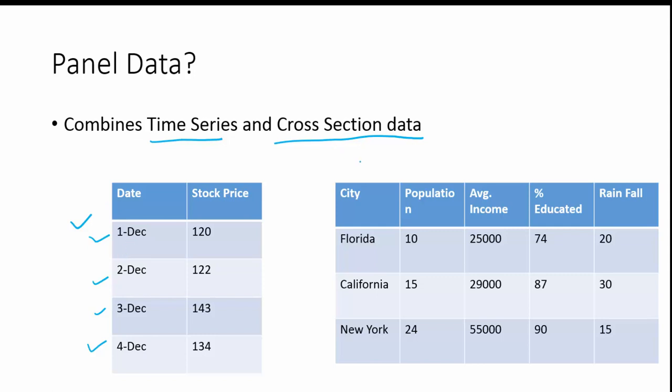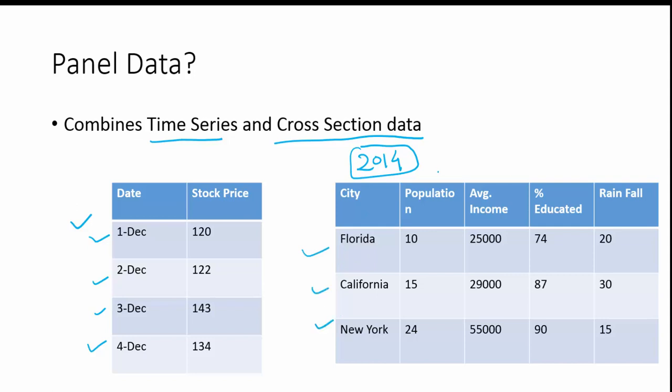What is cross section data? In cross section data you won't have the time component. So here is an example. We have got data for different cities in United States for a particular year. Let's say the year is 2014. So for 2014 we have got data for 3 cities, Florida, California and New York.